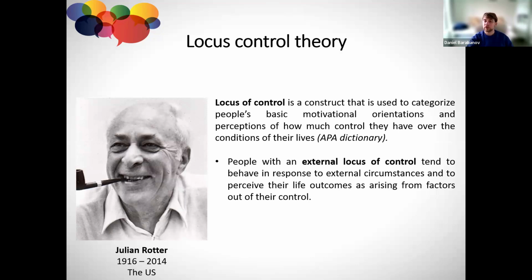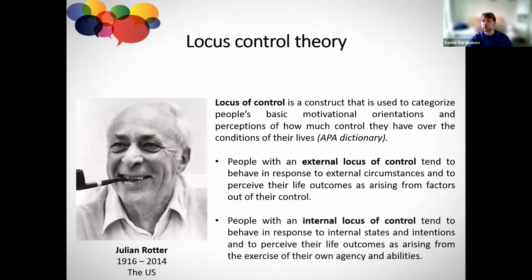So they don't feel that level of control. People with an internal locus of control, on the opposite, think that they can do something and they can influence and control something, and they focus on things they can influence. In this sense, they rely more on themselves and they exercise their agency much more often.